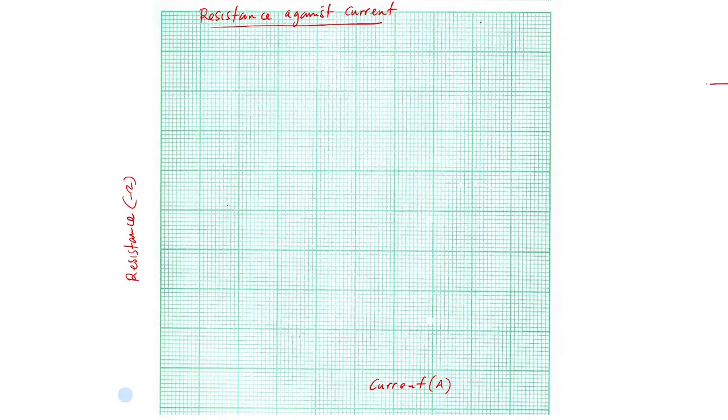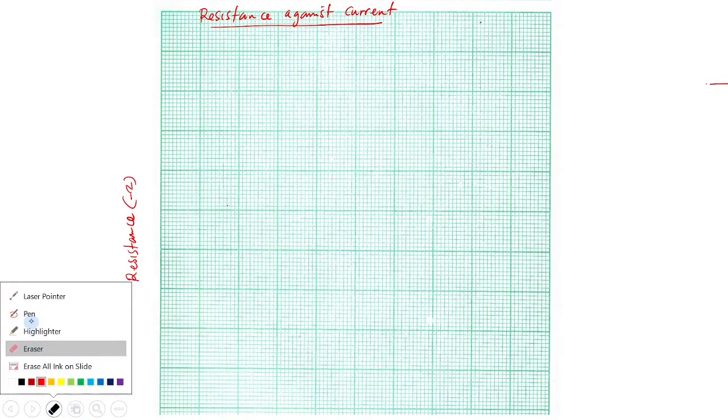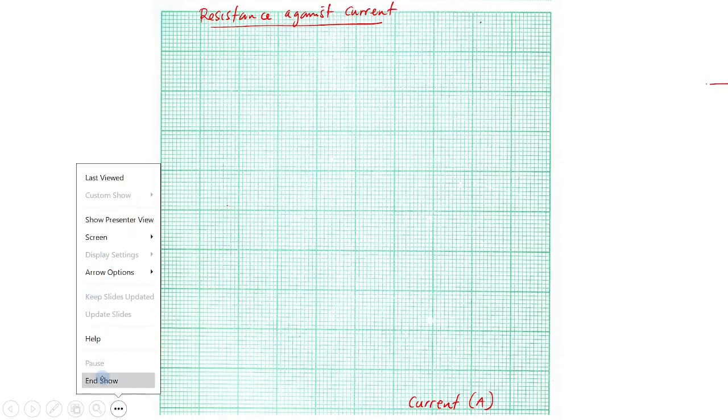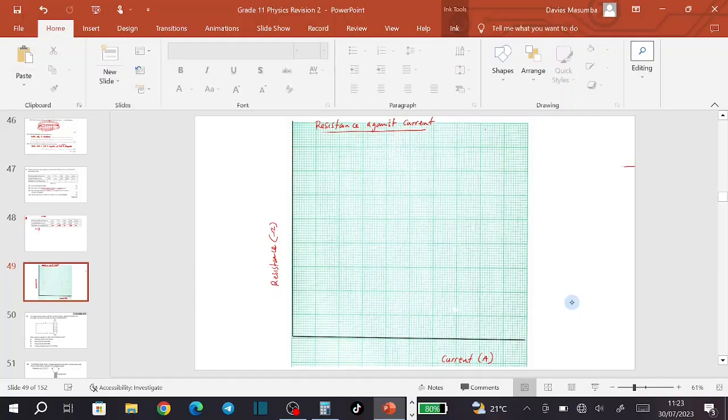So let me just squeeze this one down a bit to save space. Current in amps. Then I'll draw the lines, even like that.